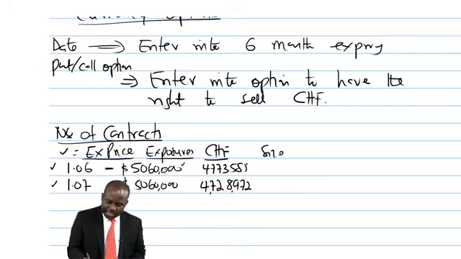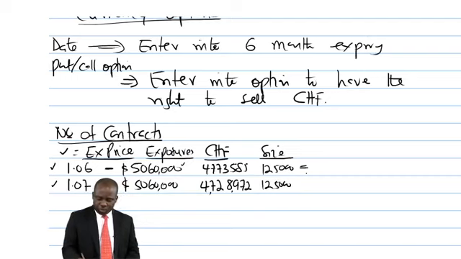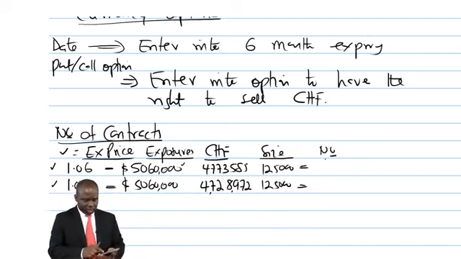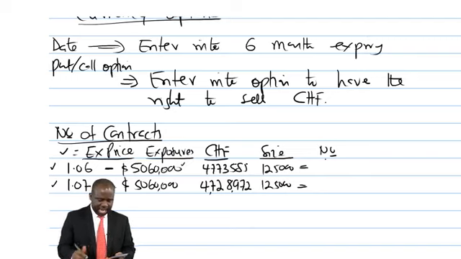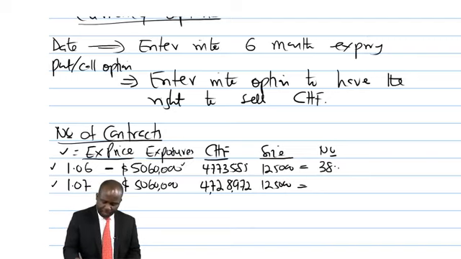So what then is the contract size, which is 125,000, and what will be the number? Okay, what will be the number? So 4773.585 divided by 125,000 and that is giving me 38.19 and the other one is giving 37.83.